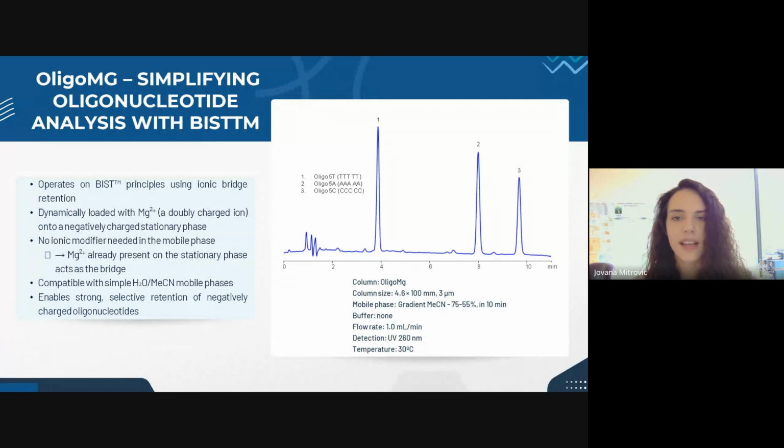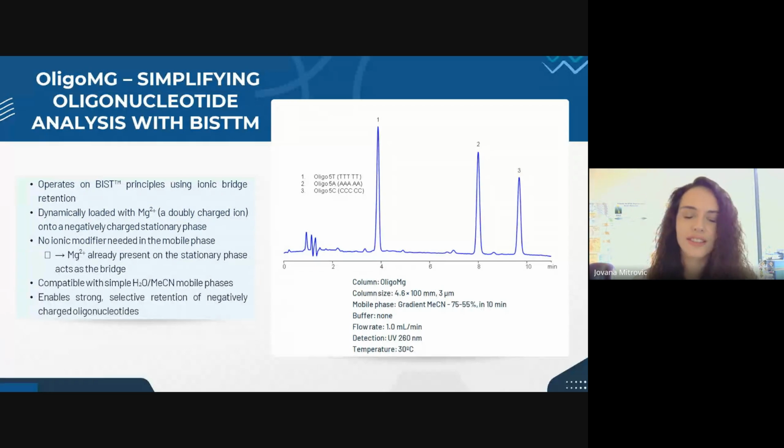the same BIST-style mechanism. And the mobile phase becomes much simpler. All that's needed is basic water and acetonitrile. No buffers, no salts, and no pH adjustments. In this example, we show the separation of 3 negatively charged oligos of the same size using just a water-acetonitrile gradient.